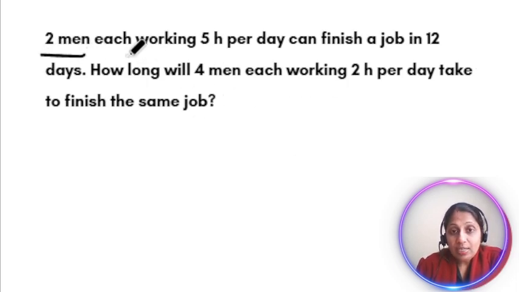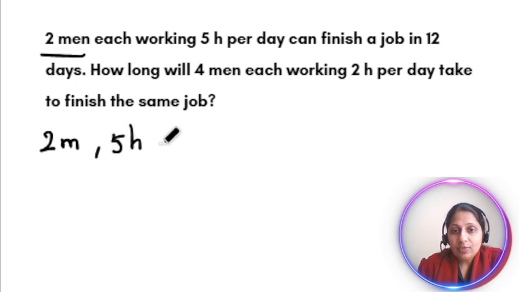2 men, each working 5 hours per day, can finish the job in 12 days. How long will 4 men, each working 2 hours per day, take to finish the same job? So let's put it down in words. So 2 men working for 5 hours can finish the job in 12 days.